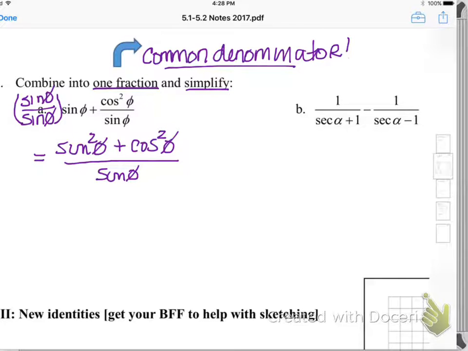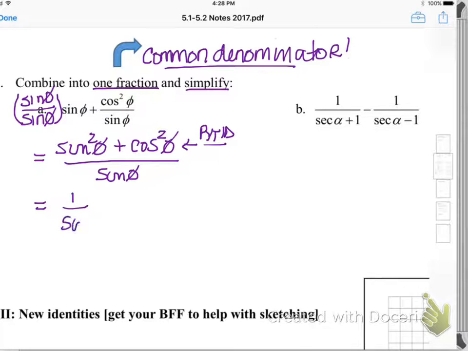I should always look out for my Pythagorean identities. So this right here is a Pythagorean identity, so I'm just going to say Pythagorean ID. Most of you are very good about listing that. And so you know that sine squared plus cosine squared is 1.